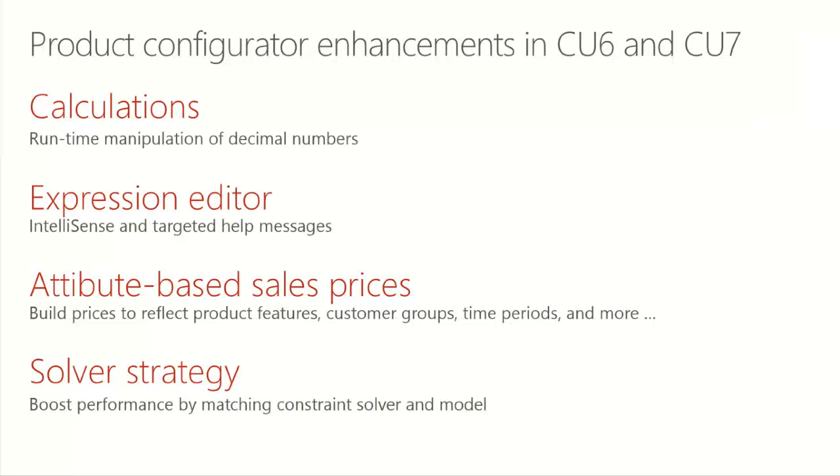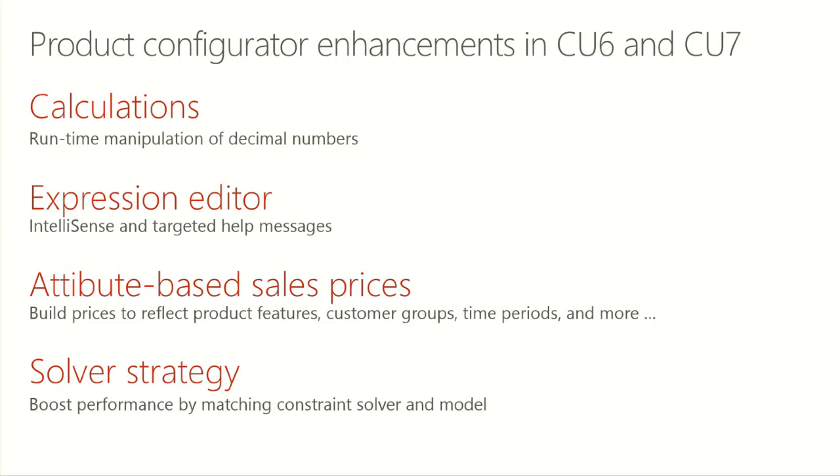And then finally, we've also added another so-called solver strategy. The engine that runs under the configurator to make sure that the configuration constraints are respected at all times is a product called Microsoft Solver Foundation. What we've done is that we've added one new solver strategy that works very well when you have models with very small domains.